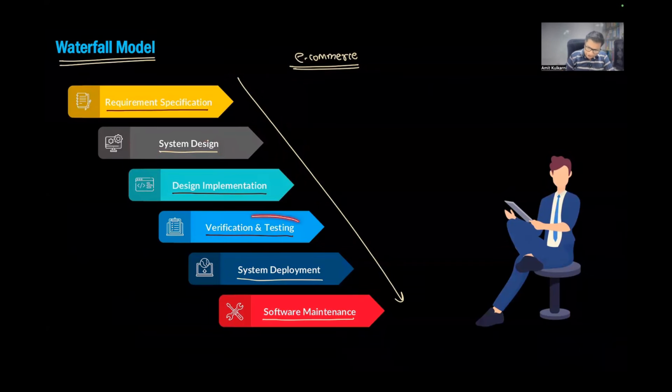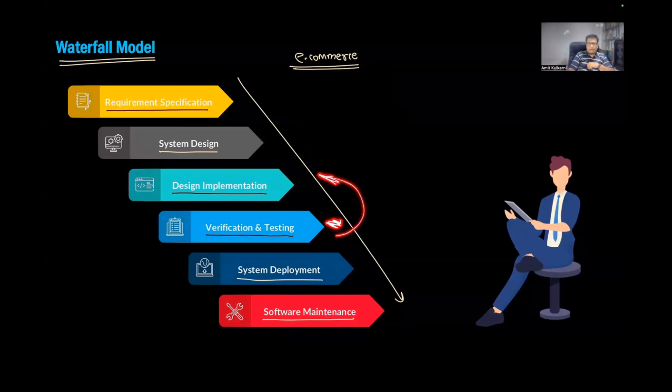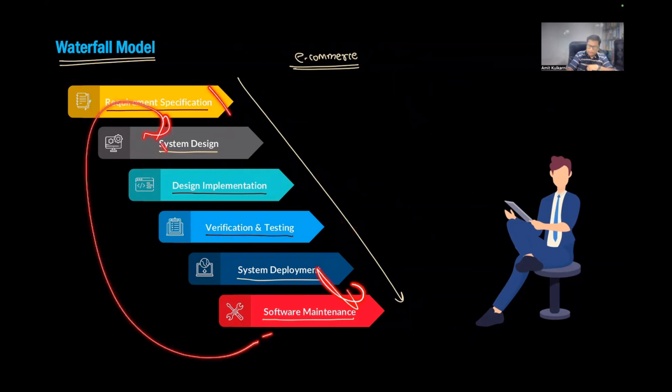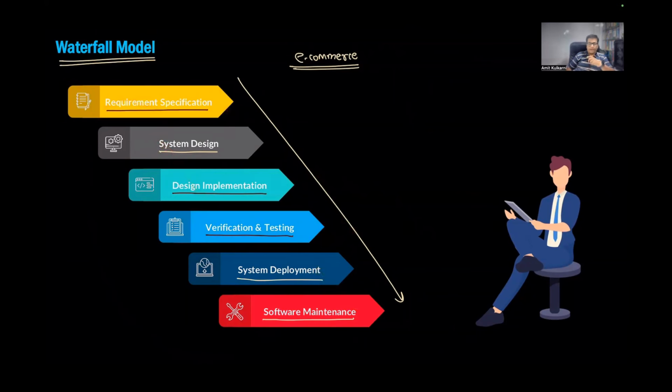The whole e-commerce application will get tested, deployed, and maintained. In a sense, if you see something is missing, you cannot just go back. The whole e-commerce application will get deployed, and then its maintenance will start, and then you will get a chance to modify or update that application. And that was taking a hell of a lot of time.